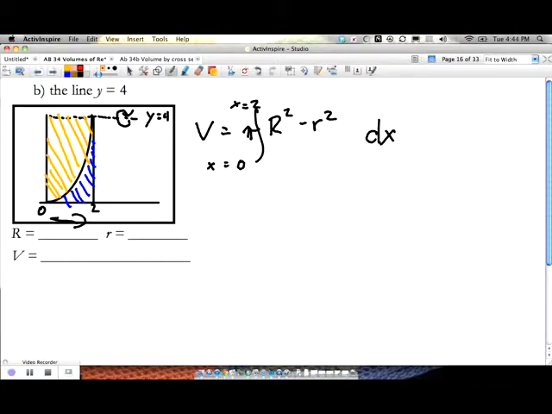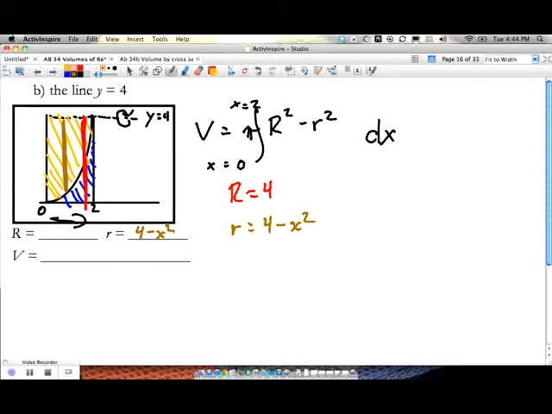So let's start with big R squared. Big R is going to be from the axis of rotation all the way to this outer edge. And in this case, that's constant because that outer edge is parallel to the axis of rotation. That is going to be 4. Little r is going to be on the inside here. It's going to be from the axis of rotation down to the curve. So that distance is going to be 4 minus x squared, top minus bottom there.